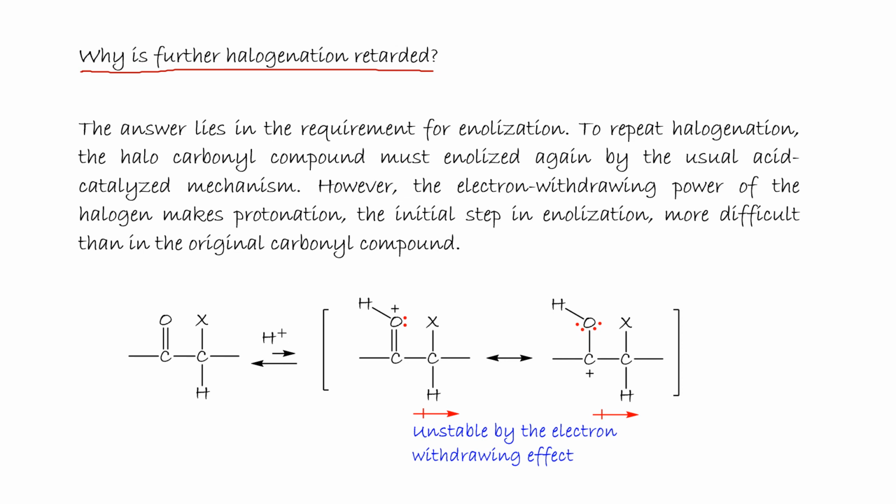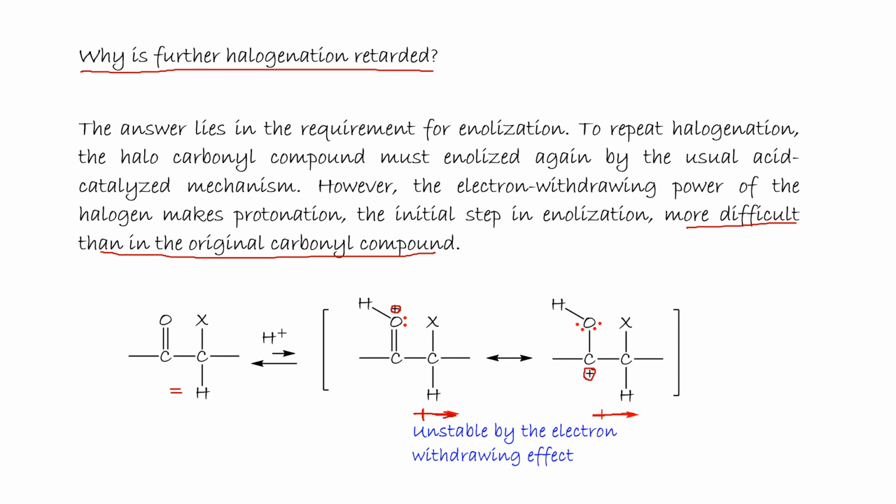However, the electron withdrawing power of the halogen makes protonation, the initial step in enolization, more difficult than in the original carbonyl compound. So having the alpha halogenated product in the first step, protonation will form this cation, which is unstable via the electron withdrawing effect of the halogen.